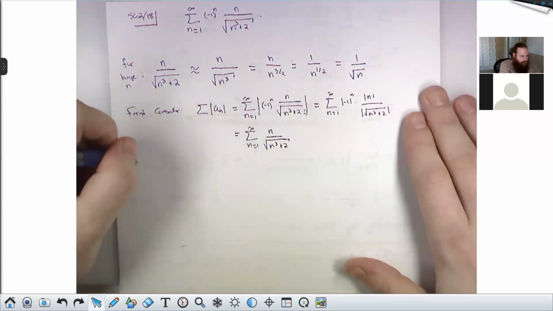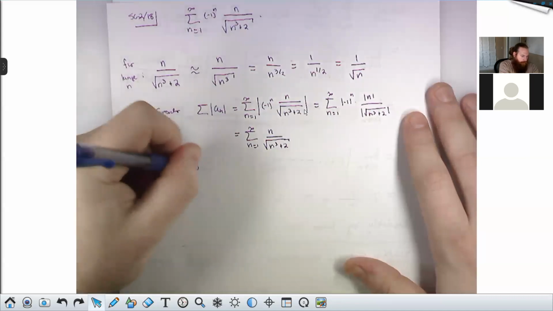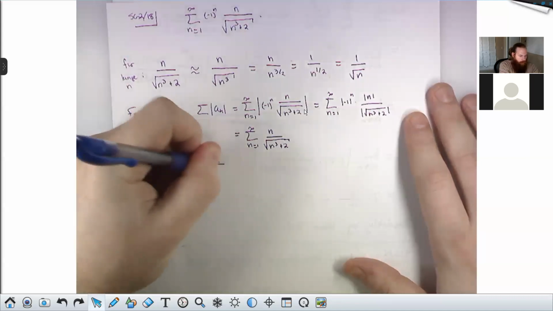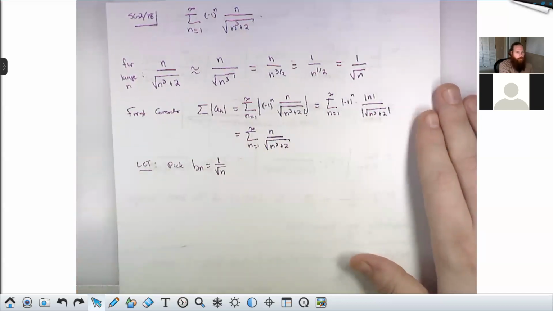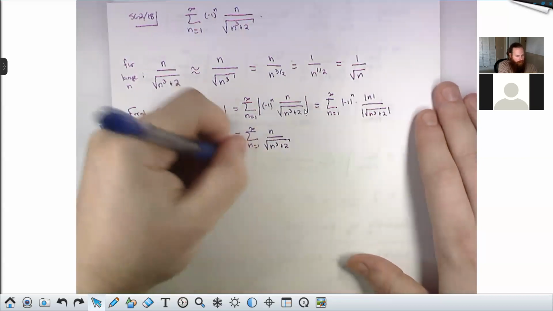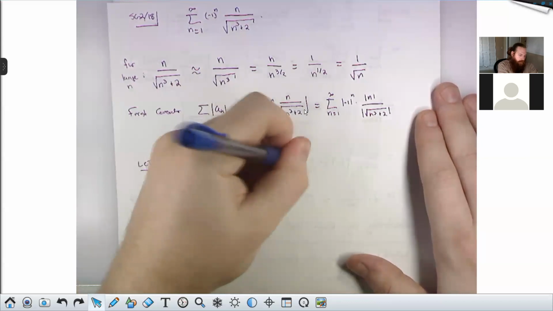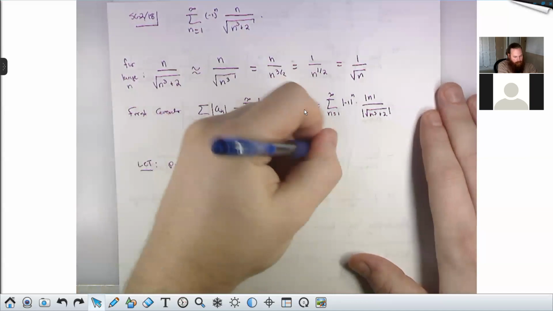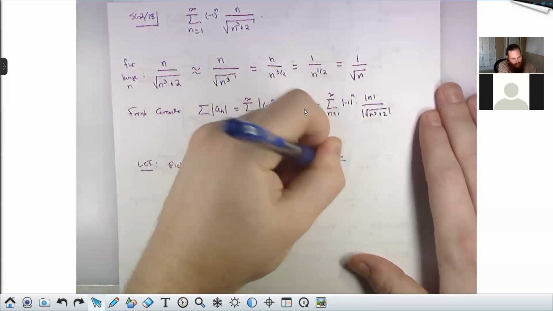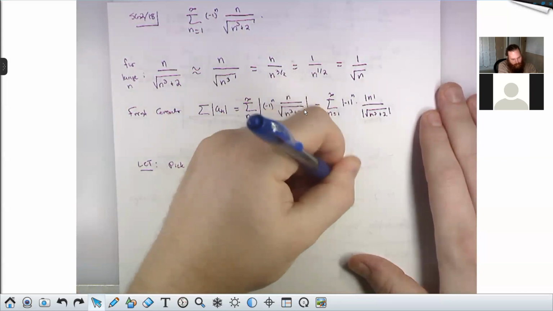So I'm going to apply the limit comparison test to this series. I'm going to pick bn to be 1 over root n, because I know that that's my basic behavior, and calculate the limit as n goes to infinity of this guy over that guy.